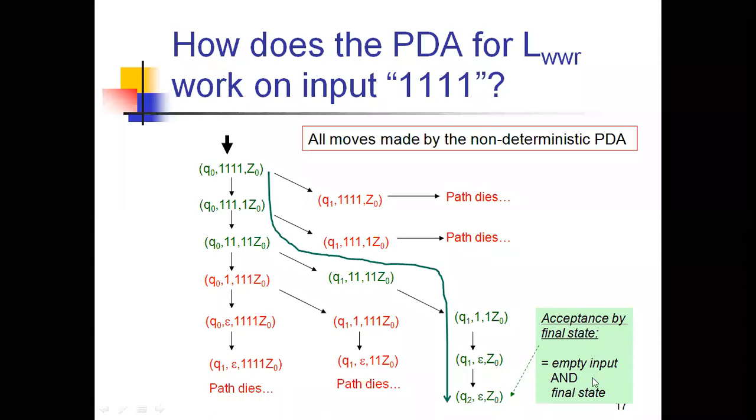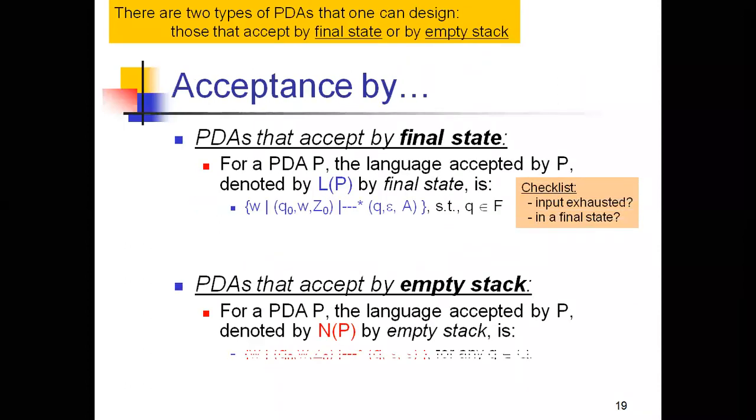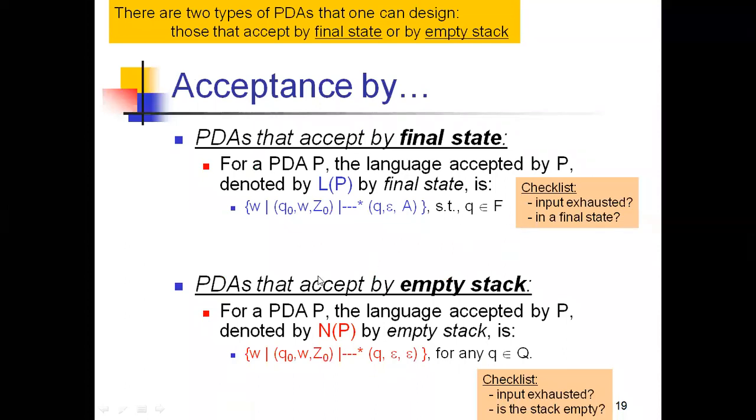So here it is empty input and as well as we get a final state, so it is acceptable. In such a way we can do the acceptance by final states for the PDAs. And by empty stack, just what I show you now.